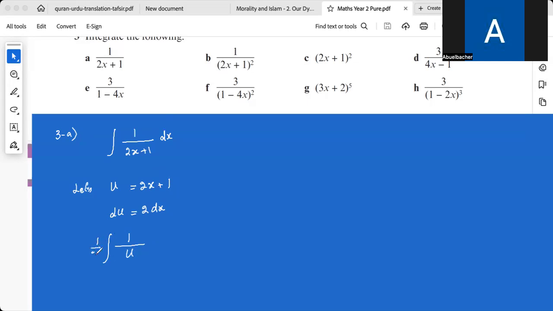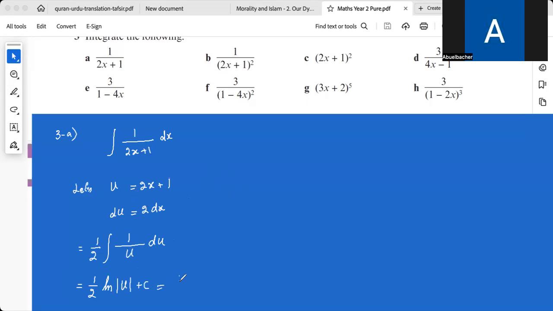So this is 1 over 2 outside, and here we will have du. And now we get 1 over 2, 1 over u, and its integral is the natural log of u plus c. And now you can put this u value back.